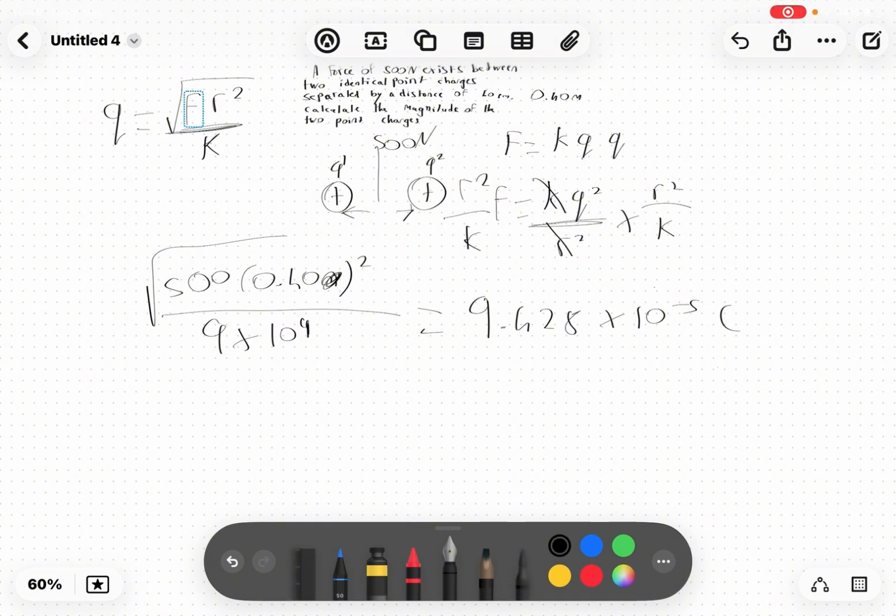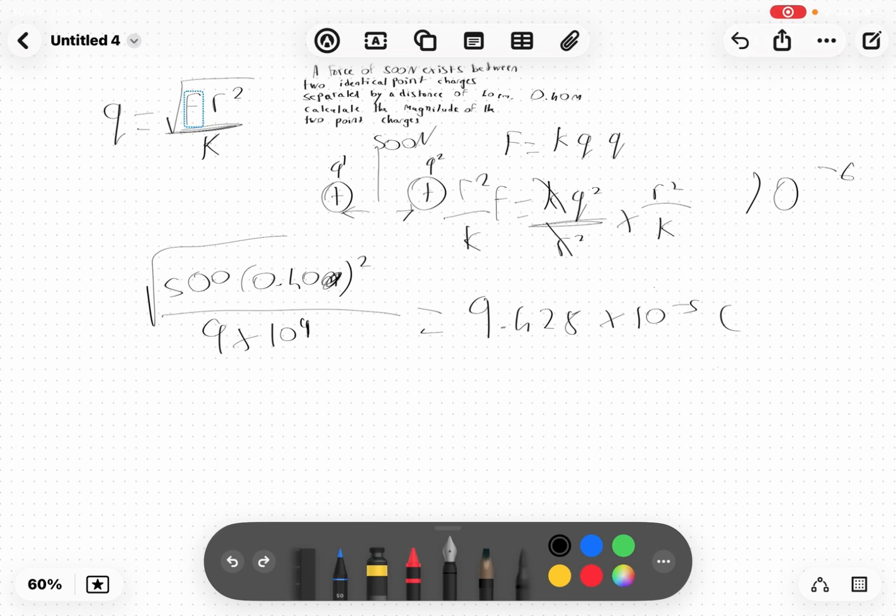But this number is not quite what we need. Right now it's not asking us to convert it, but we are allowed in exams to put in our own units. For example, let's change this into micro. So micro is 10 to the power minus 6. This time we don't times it, because if we times it, that won't add the micro.